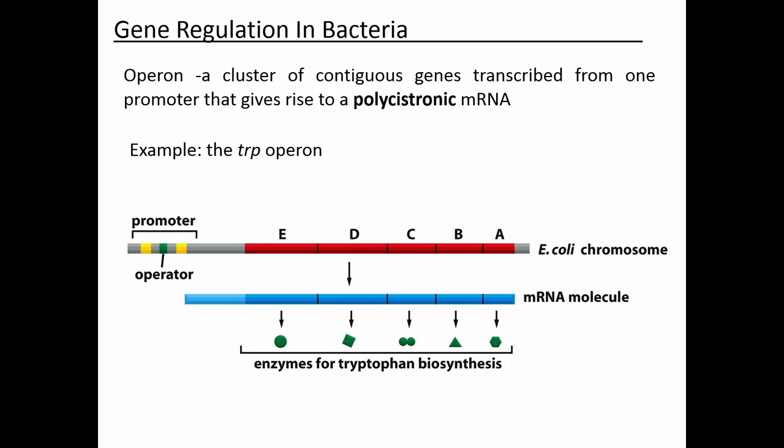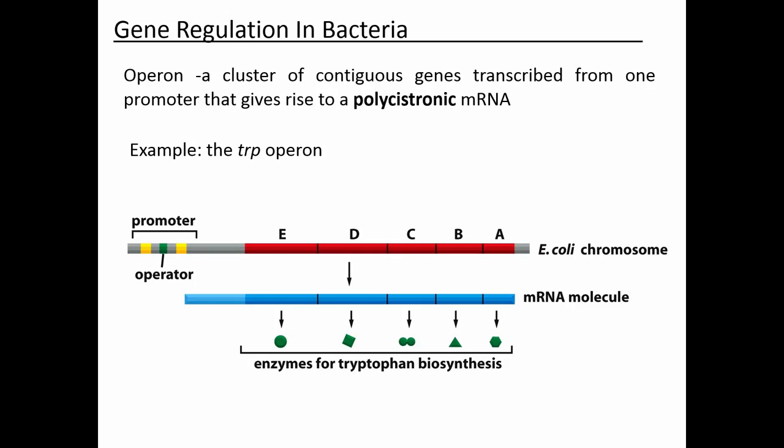The operator regulates the expression of the genes that are part of the operon. Its role is to control the expression of those genes, and we'll see how it does that for both operons we talk about.